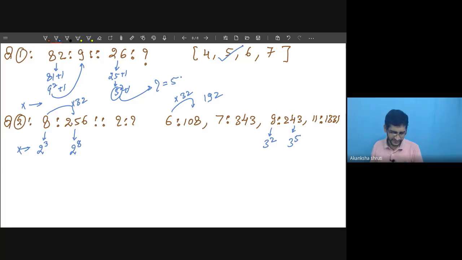Okay, what next can we think? Yes, student, tell me quickly what we can think here. It's very easy. If you think slightly, then you can get it.